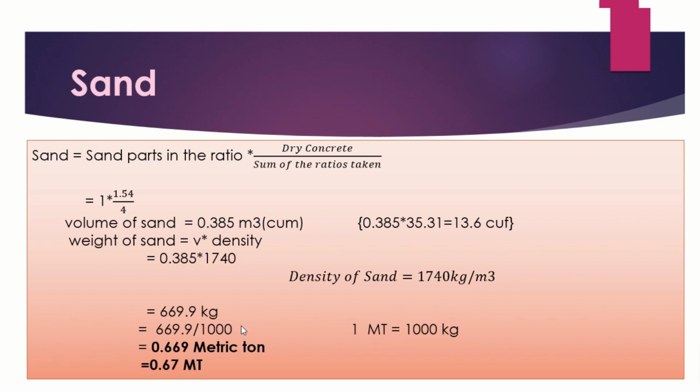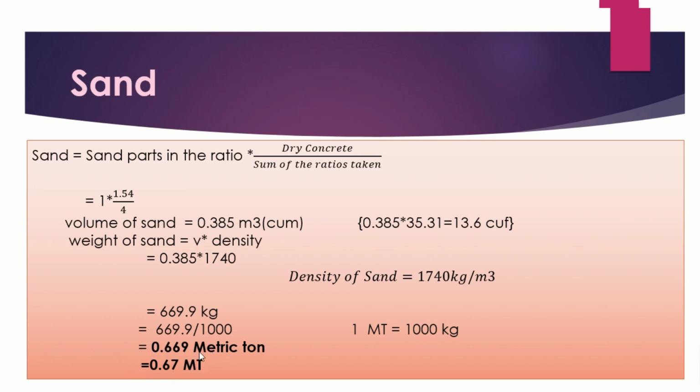Now 669.9 kg is divided by 1000, in order to convert this kg into metric ton, because in some locations sand is calculated in metric ton. So in that case we have to divide this kg by 1000 to get the result in metric ton. So we'll get 0.669 metric ton, and we can say it is 0.67 metric ton.